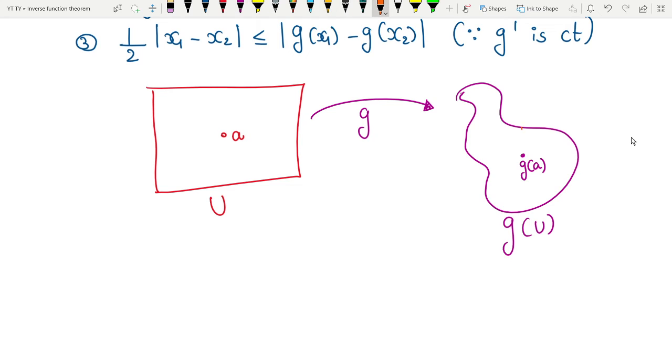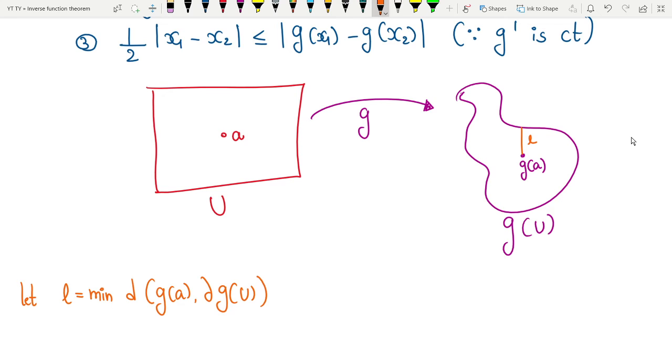This is nothing but the minimum distance, right? I call this minimum distance l. So I have considered small l to be equal to the minimum distance between g of a and the boundary of g of u, right?